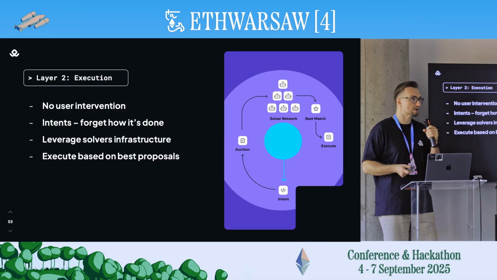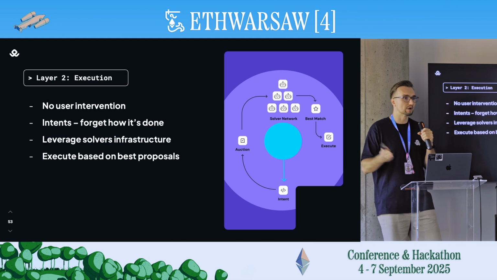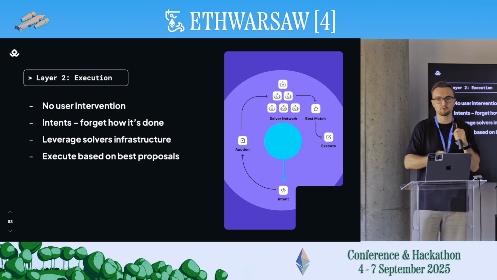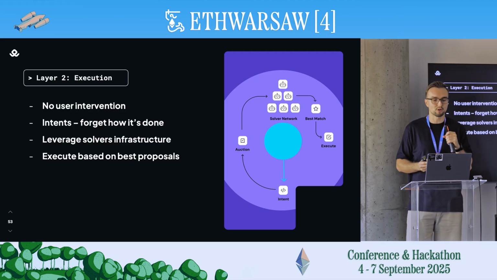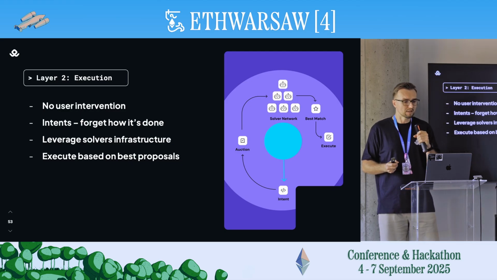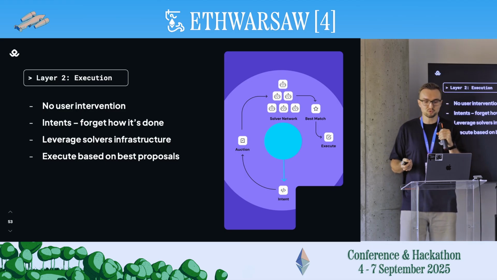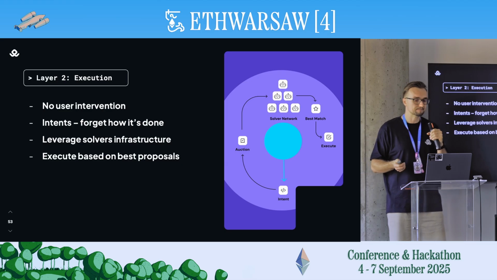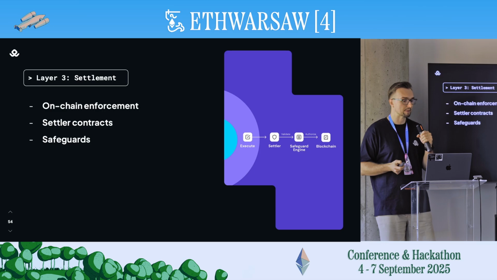If you want, define a yield percentage, and you don't care if it's Morpho, Compound or Aave, you can kind of abstract all of this. So the intents are getting executed based on the best proposals, and then we go to the third layer, which is the settlement layer.